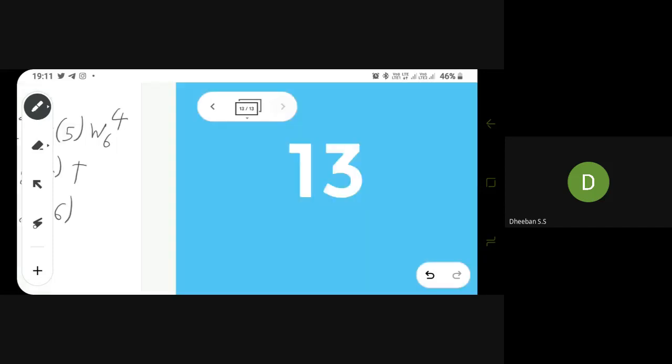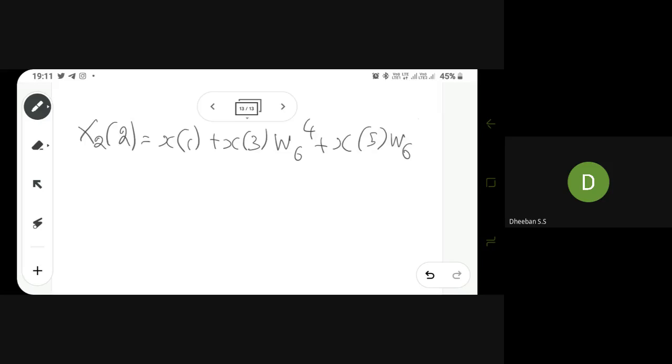So if you're finding the butterfly diagram difficult, you can just carry out in this manner. Okay. So then x2 of 2 will be equal to x of 1 plus x of 3 w6 of 4 plus x of 5 w6 of 8. As I said, the 8 you can represent in w6 of 2. So now what happens?